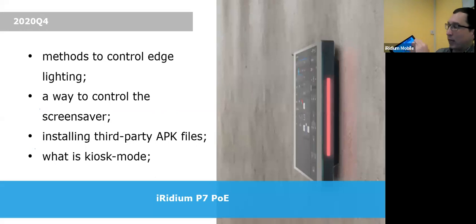And of course, the second question is about installing third-party APK files. I can change my launcher mode. Just use applications, settings, and here we have the home app i3 Pro kiosk. It's available for i3 KNX too. And I can use a standard launcher.